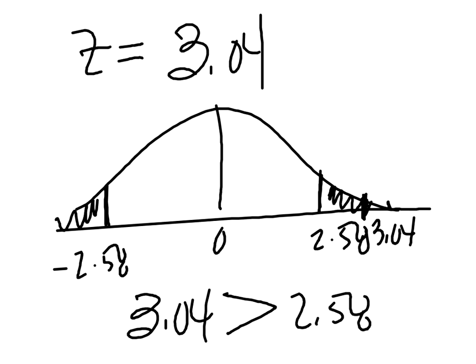And since that is the case, we will reject the null hypothesis. That would be our step 4: reject the null hypothesis since the test value falls within the critical region.